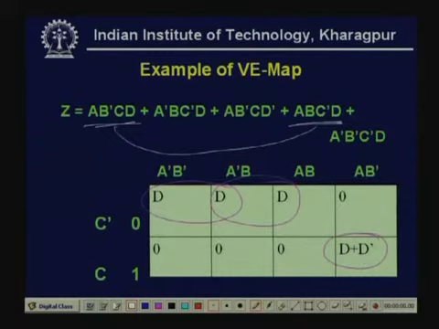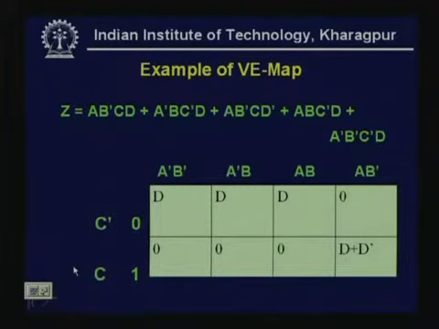So we can easily reduce this expression by again considering the couple. So what we have seen, by selecting the VMAP method, is that we can easily reduce n variables to n minus 1 variables, and recursively n minus 1 to n minus 2, so it will be very easy for reducing expressions when a large number of variables are there.